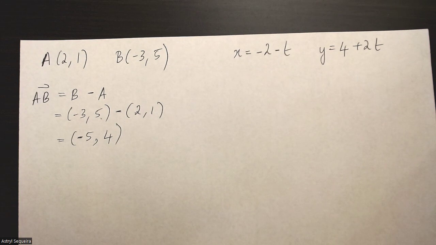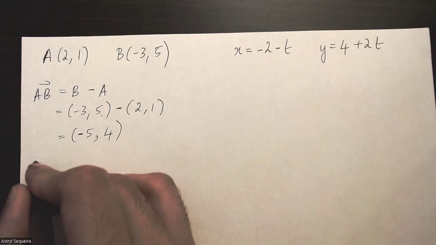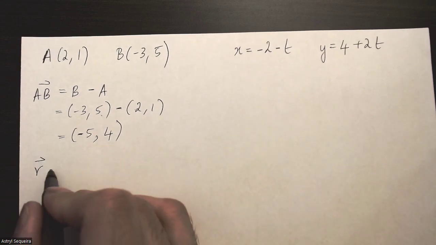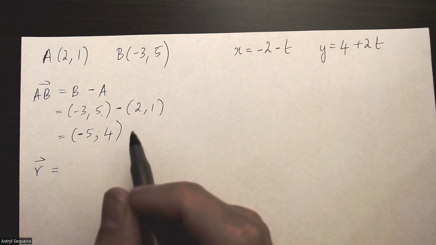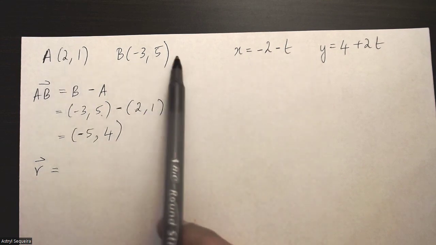Now that I have the direction vector, I can actually write the equation of this line. So it's going to be r equals, and you can pick any point on this line.